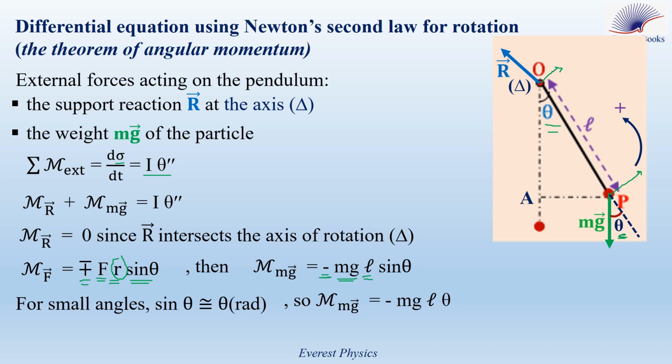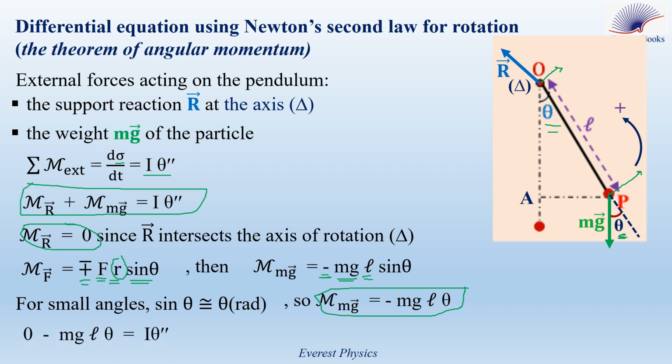Now replace the moment of R and the moment of mg by their expressions in this equation. So this is going to be 0 minus mgl theta is equal to I theta double prime. Now replace I by ml squared and rearrange.